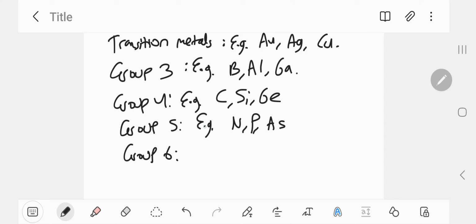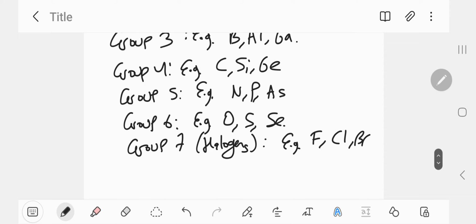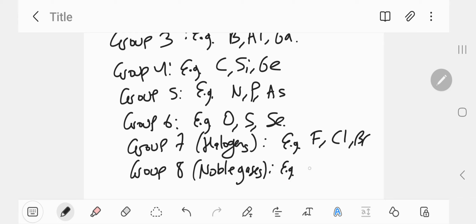Group 6 consists of oxygen, sulfur, selenium. Group 7 are called the halogens. These are highly reactive non-metals. Examples include fluorine, chlorine, bromine. And the last group, these are called the noble gases. These include helium, neon, argon.